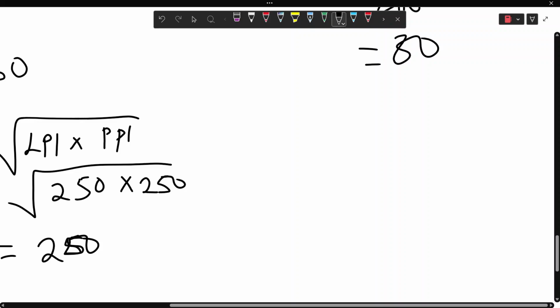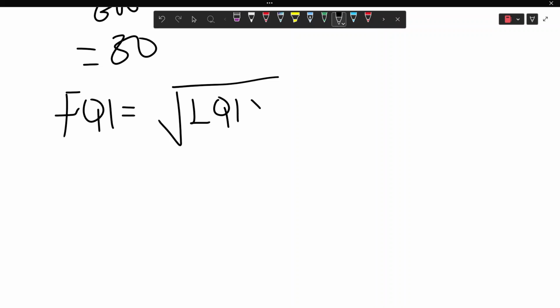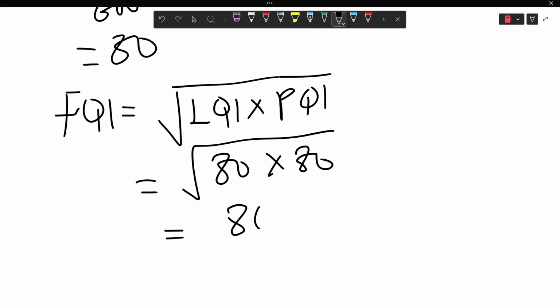When you come to Fisher's quantity index, it's also given by the geometric mean of the Laspeyres quantity index times the Paasche quantity index. 80 by 80 equals 80.